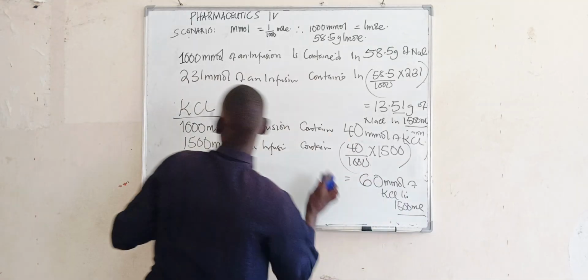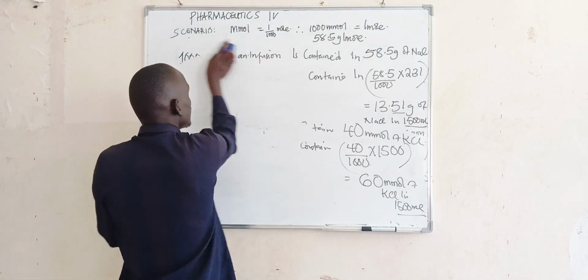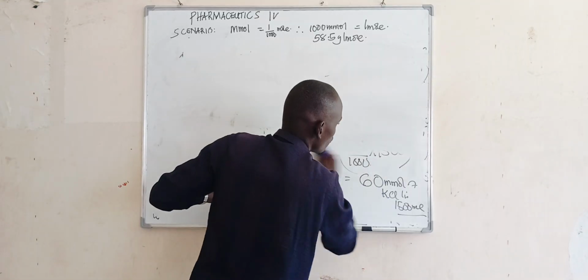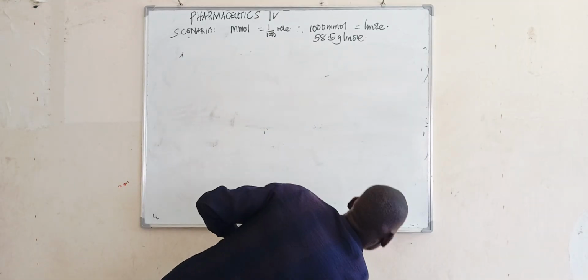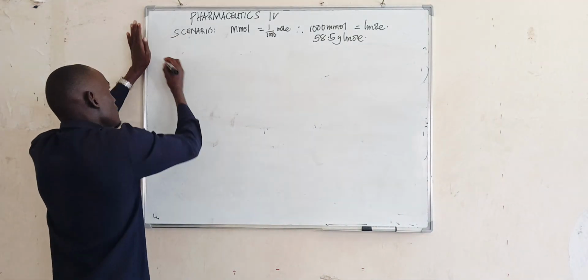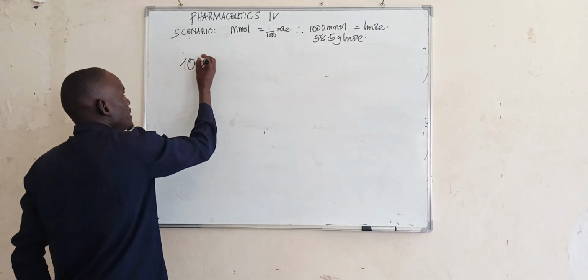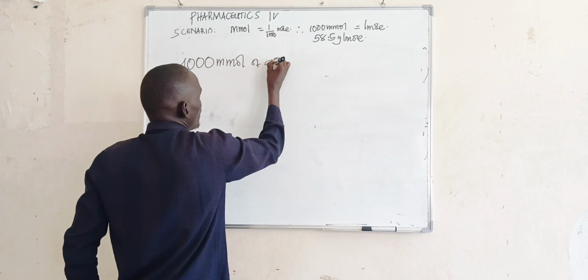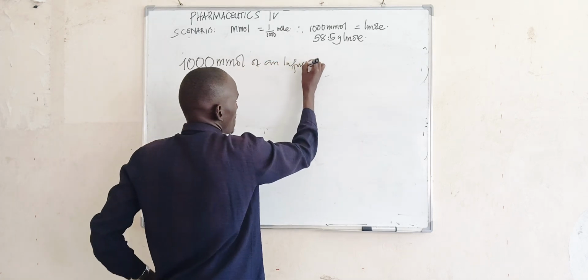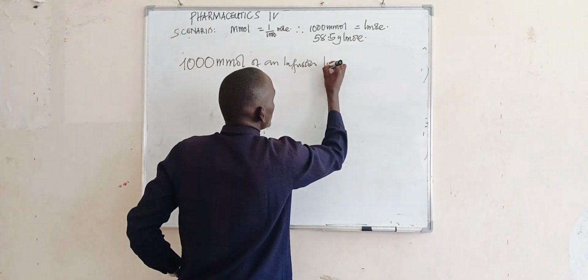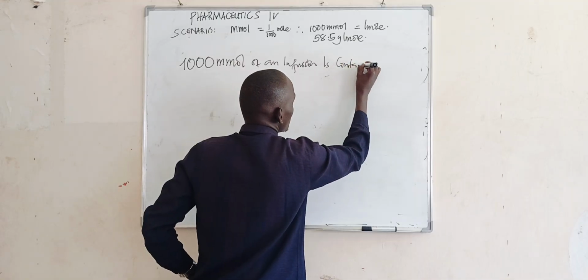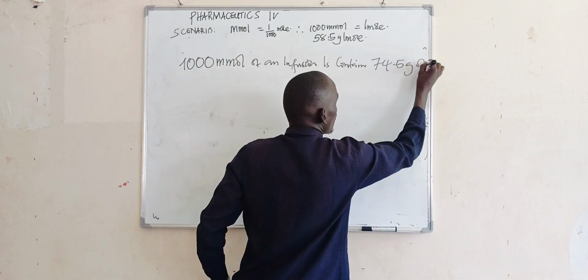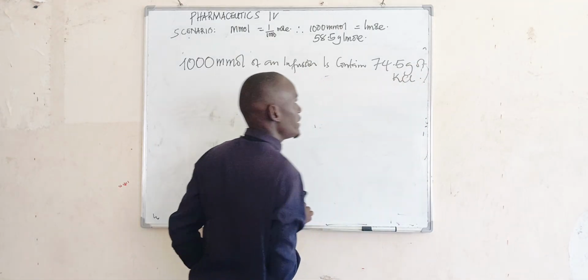Therefore, according to the relationship we have between millimoles and molecular weight, we shall say that 1,000 millimoles of an infusion is contained in 74.5 grams of potassium chloride.